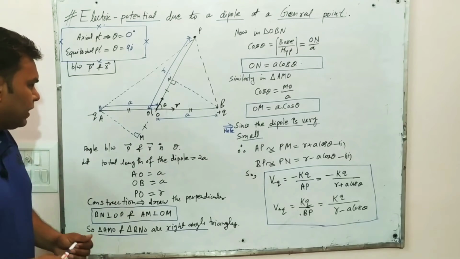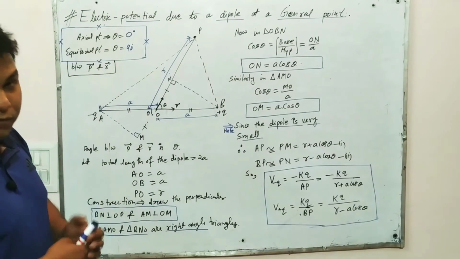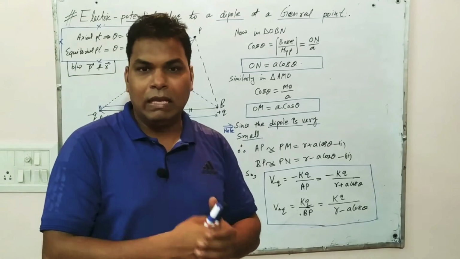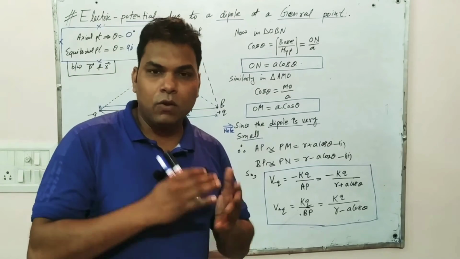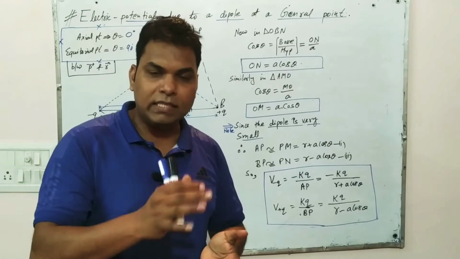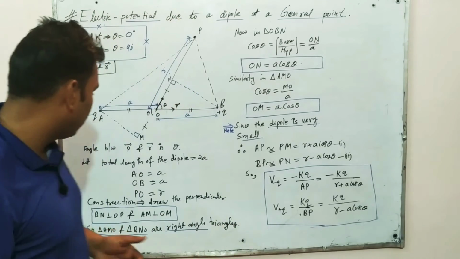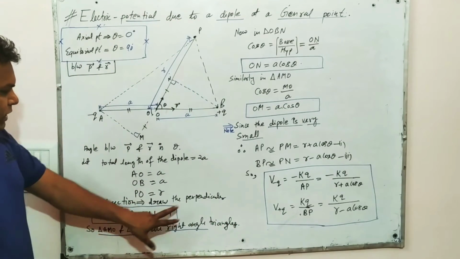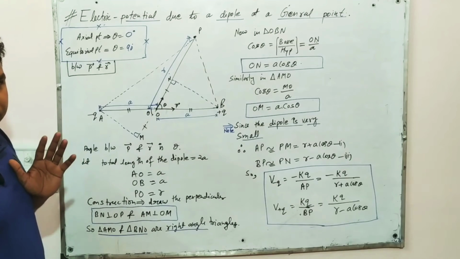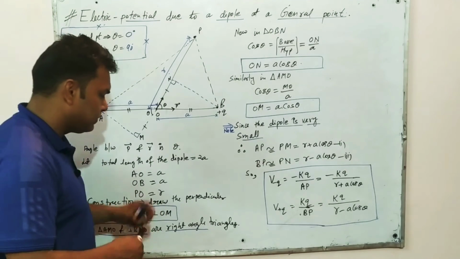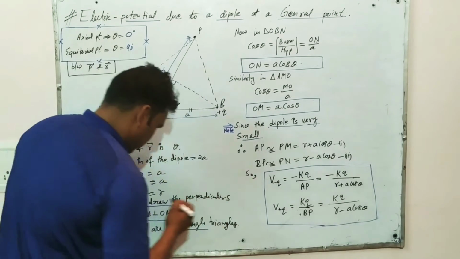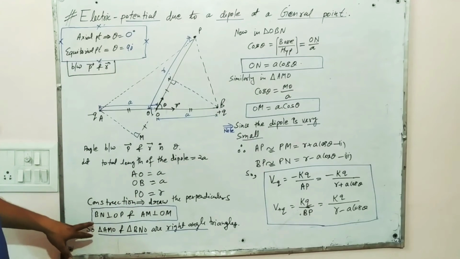Clear? Now for this derivation we have to do one construction. Without this construction we are not able to do this derivation. So please remember this construction. Our construction is to draw the perpendiculars. So first draw the perpendicular BN.